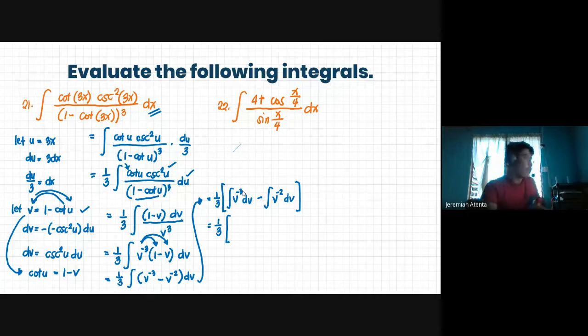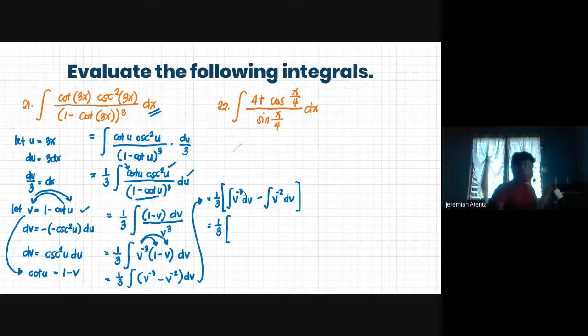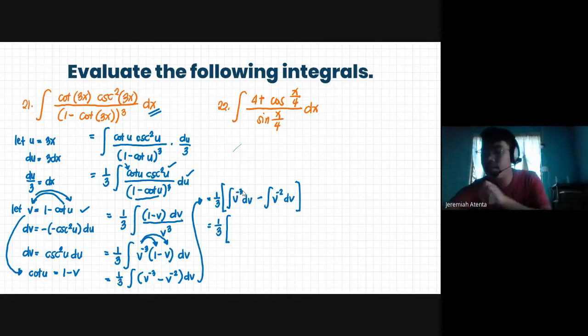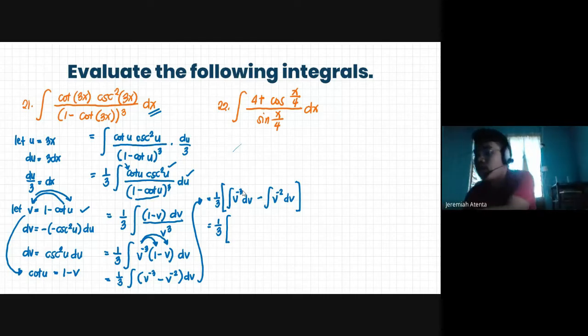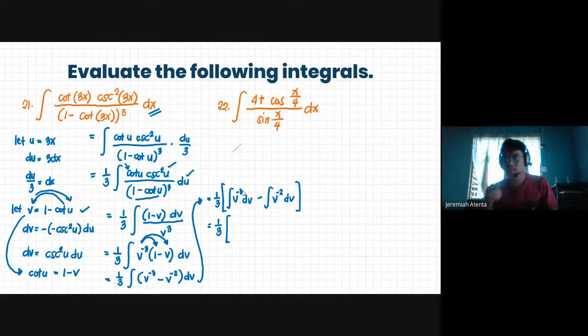Anyone? What are we going to do? v to the negative 2 over negative 2.